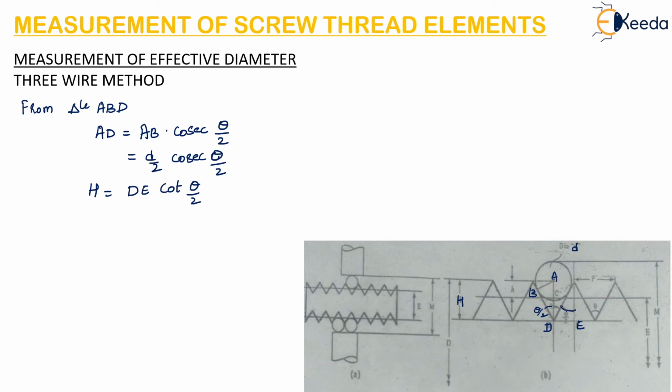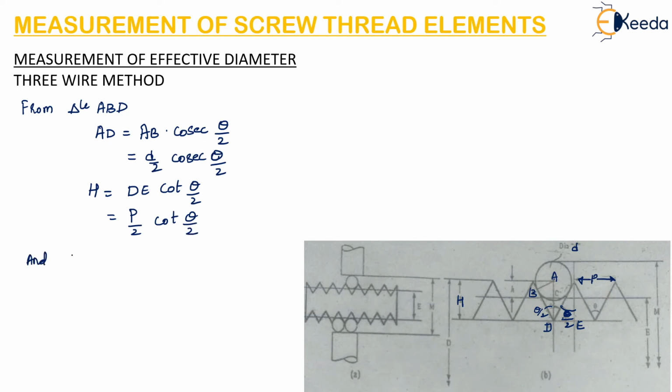So this angle is theta by 2. dE is nothing but half of the P value. If this is the pitch, dE is half of the pitch. So we can write it as P by 2 cot of theta by 2.